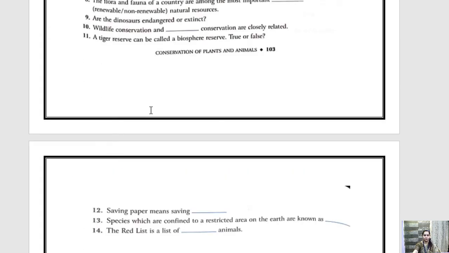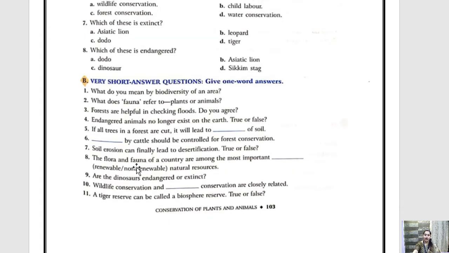Moving to 8th, the flora and fauna of a country are among the most important renewable or non-renewable natural resource. So flora and fauna of a country are what? Are they renewable or non-renewable natural resource? Yes, children.